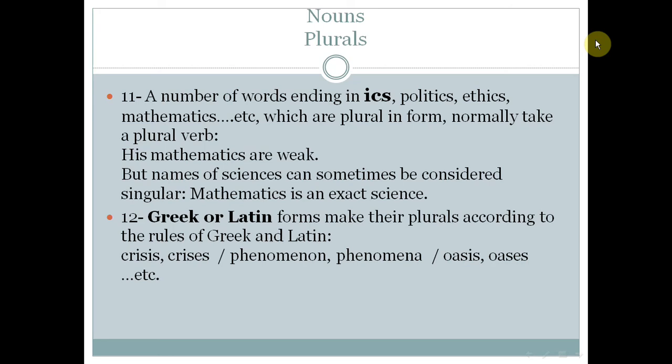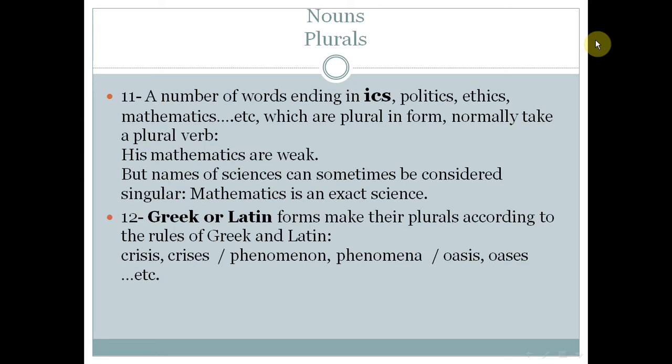So we say mathematics is an exact science. Physics is difficult.